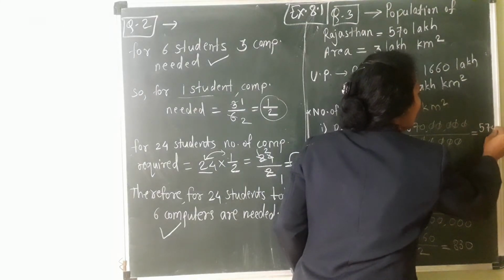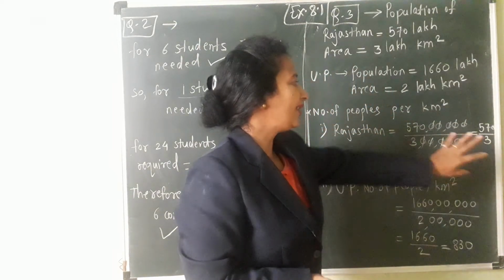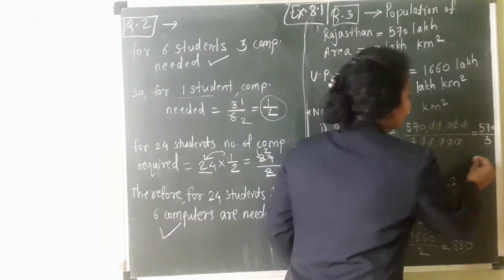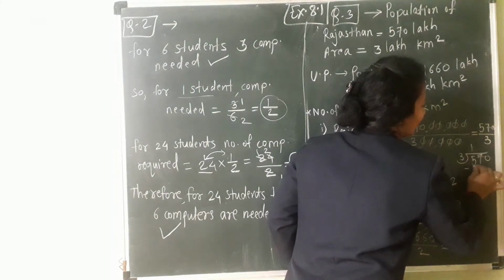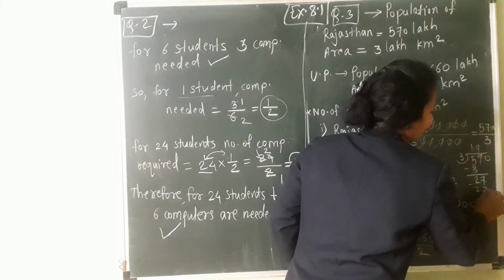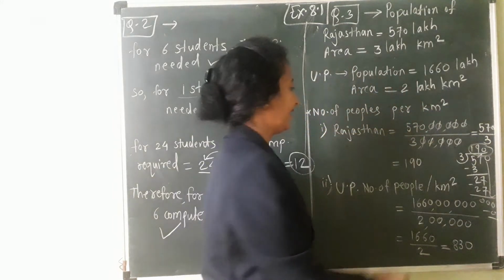570 upon 3. Now, can we divide? Yes, we can divide 570 by 3. So you will get the answer: 3 9s are 27 and this 0. So what answer did you get here? 190.